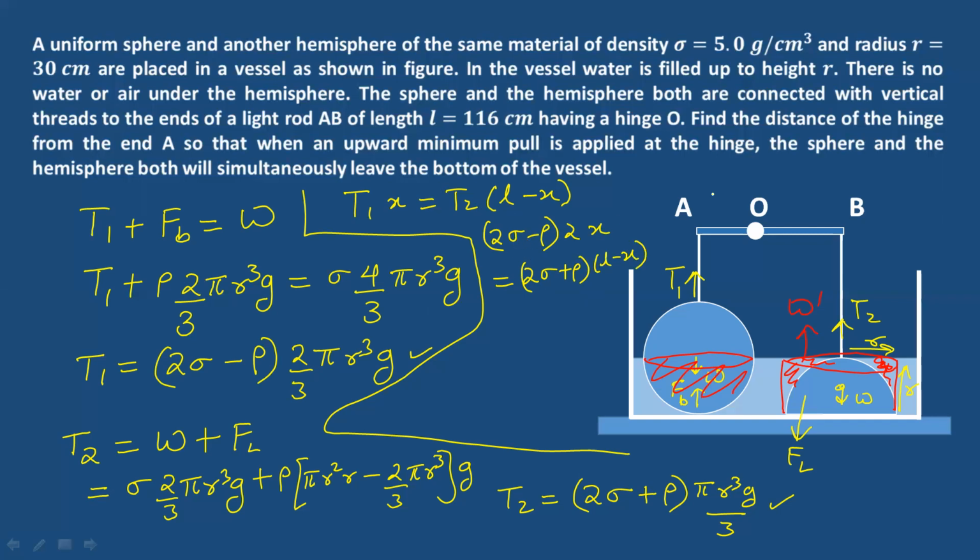So if the value of sigma is 5, and let's assume the value of rho, that is density of the liquid, is 1. So this would be 10 minus 1, that is 9. 9 times 2 is 18.